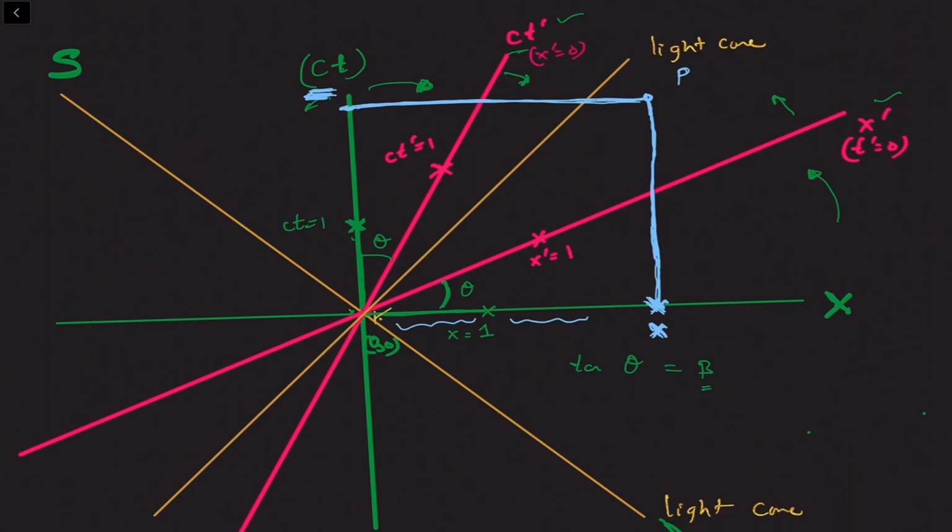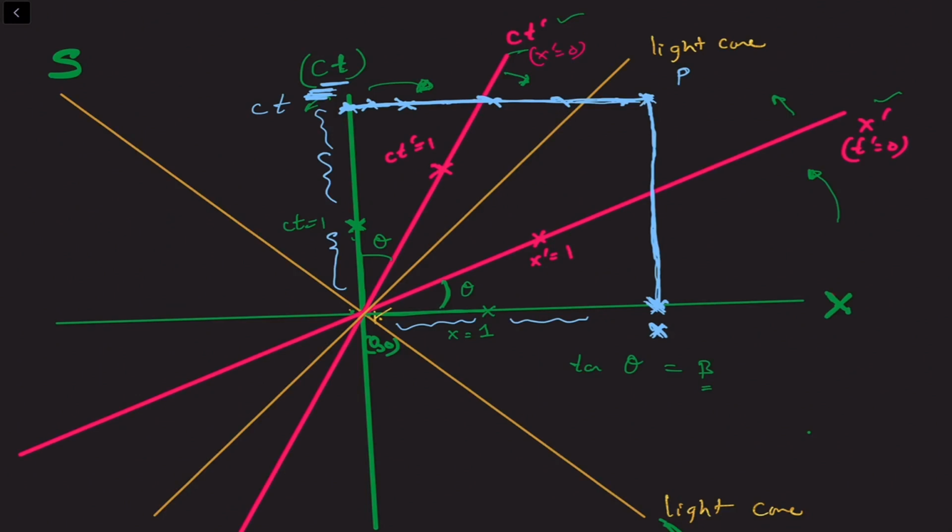By seeing where this intersects the time axis, and by again measuring how many unit time intervals we have to cover to get to this point, we can also locate the time coordinate of this point. So this is how we locate the space and time coordinates of P with respect to observer S's coordinates.